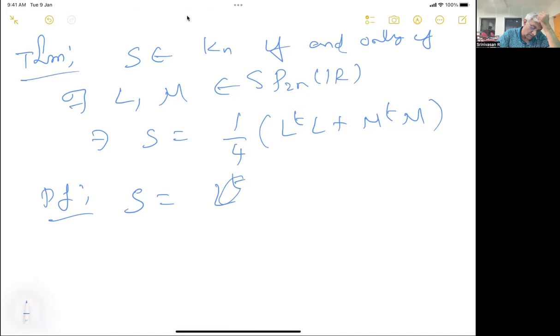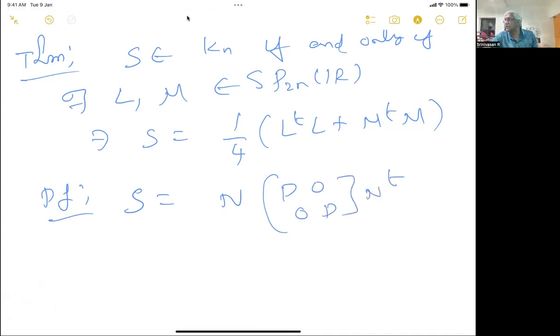I want different notation, so I put N. It will look like that with D equal to D1 up to Dn, and each Di is greater than or equal to half. That's the condition, which we have already got.